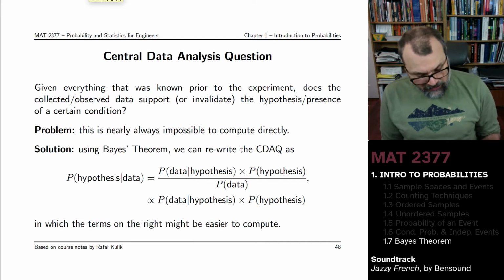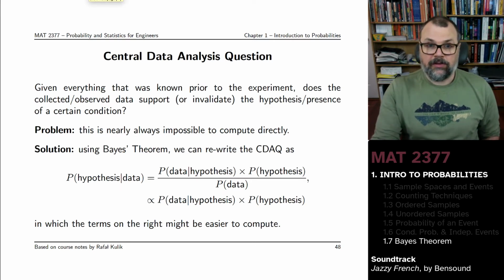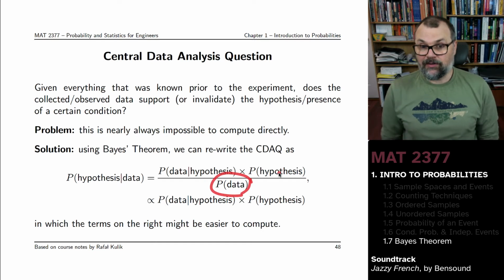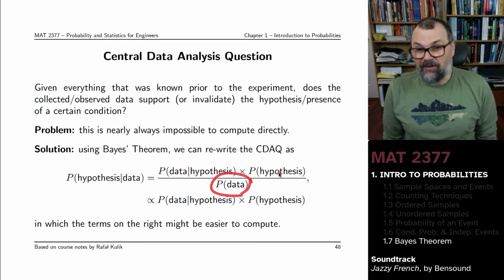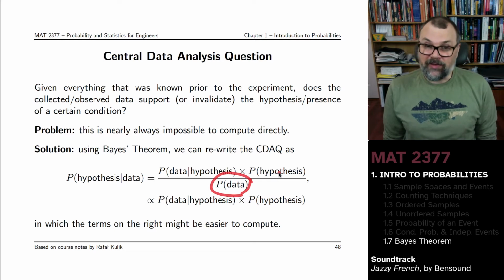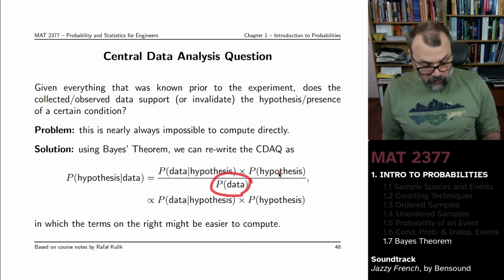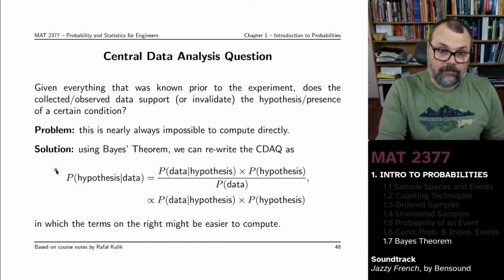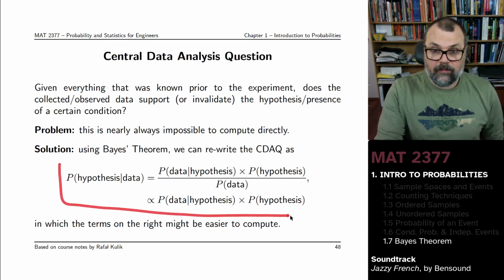In many instances, we do not need this denominator here. It's the same for all hypotheses that you're testing. So it's a constant. We often omit it from the formula. And so one of the ways in which you can write Bayes' theorem is this one here.